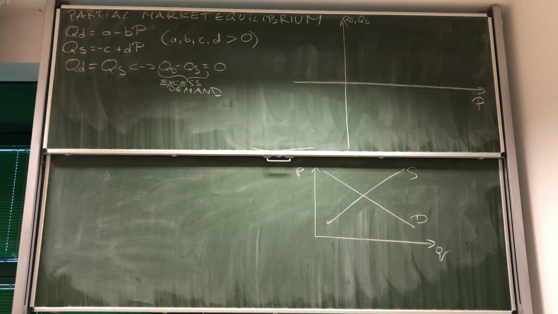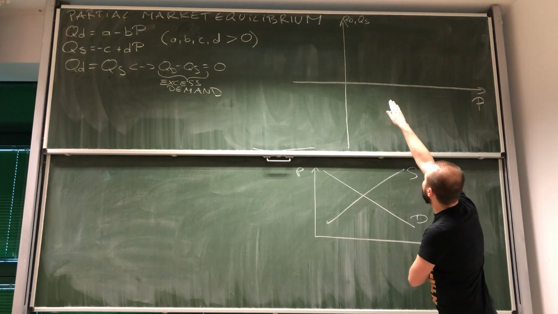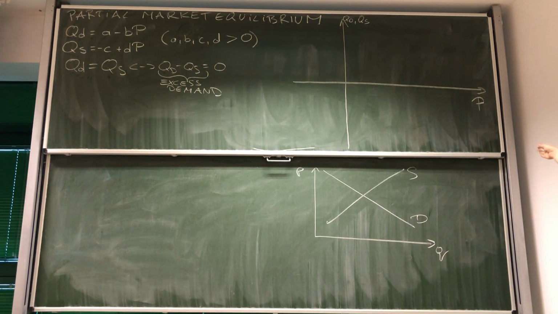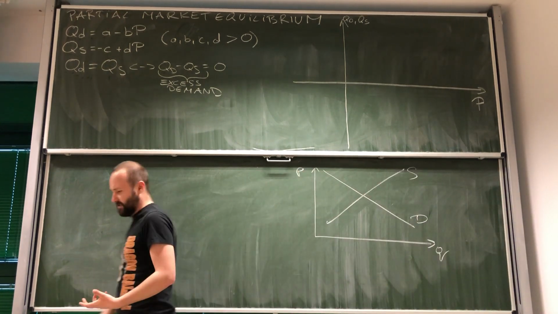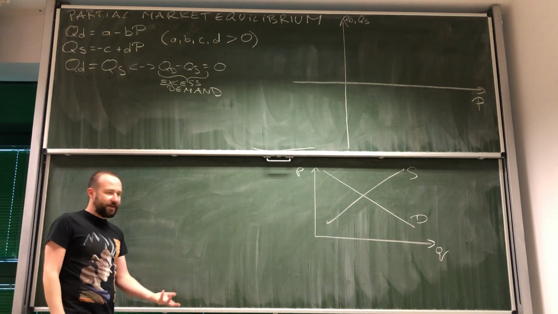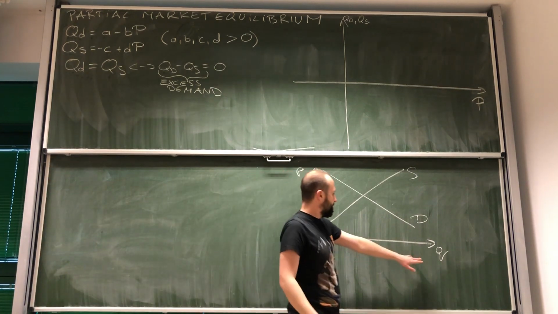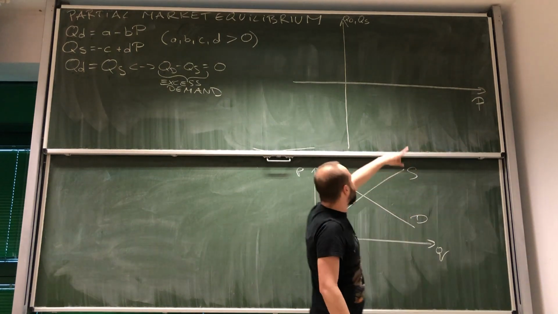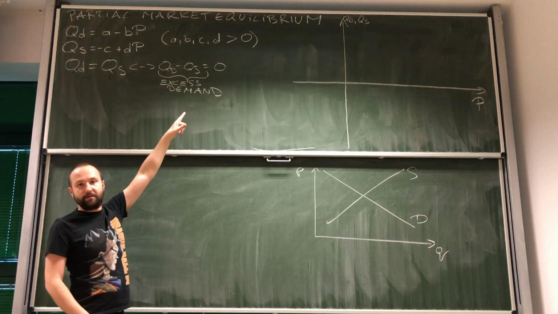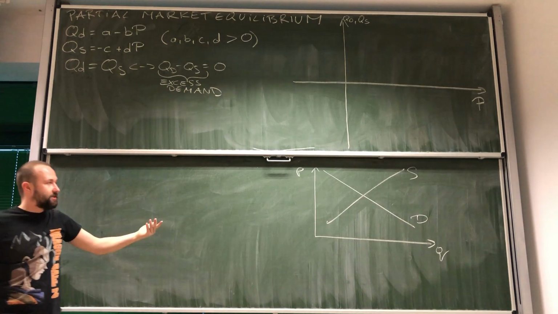But that was actually an issue because we're going to draw demand and supply in a space where price is on the horizontal axis, right? We usually think of the horizontal axis as an argument. So this variable on the horizontal axis has some influence on the variable on the vertical axis, right?